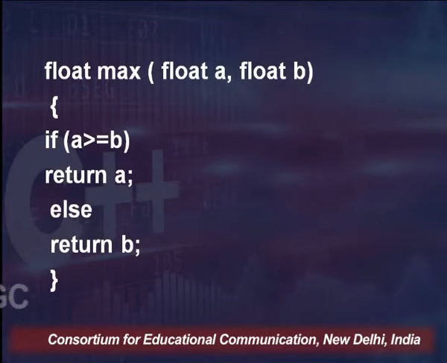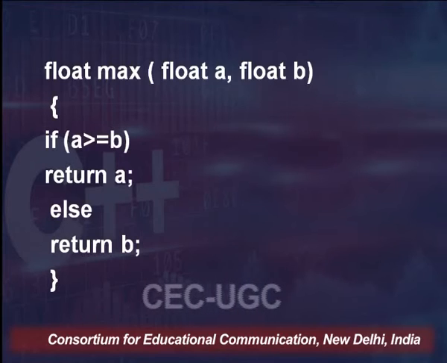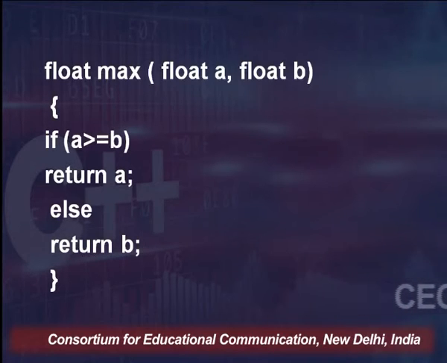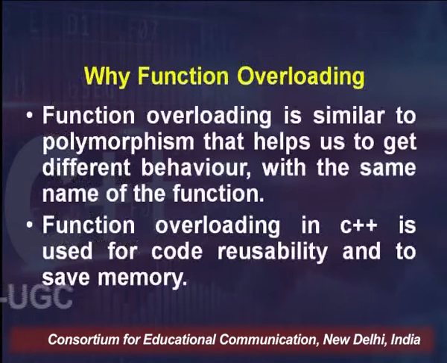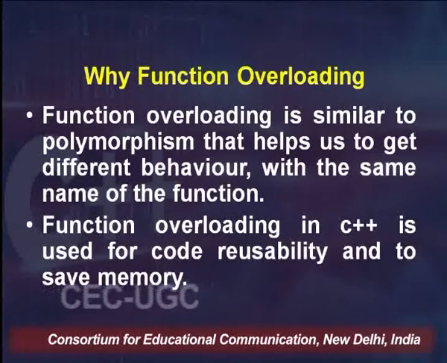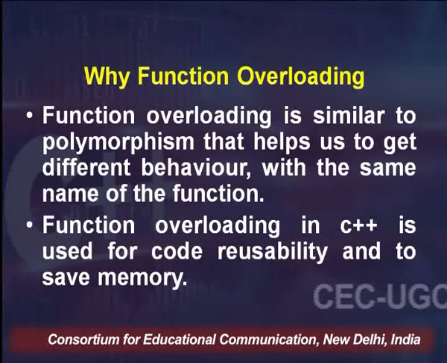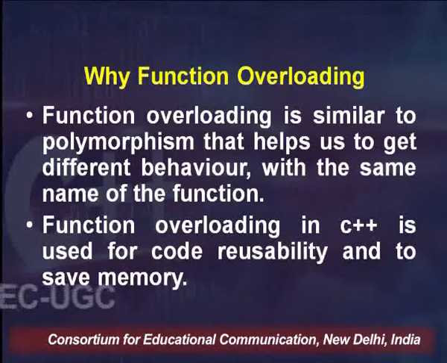Or, for example, float c is equals to max float a and float b. In this situation obviously I am referring to the second function. So depending upon the parameter list in the call, the compiler is going to resolve the conflict.